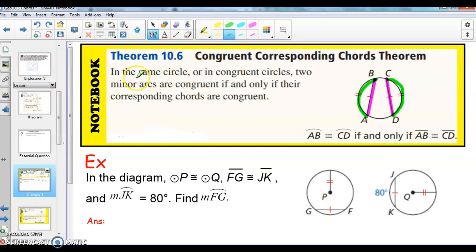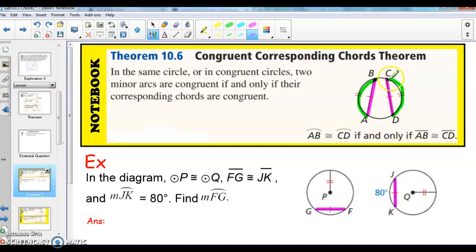So, going back to the theorem, first we have to check if they are in the same circle or if the two circles are congruent. It is given that the circles are congruent, and the two chords, which are the pink segments in this figure, FG and JK, are congruent to each other.